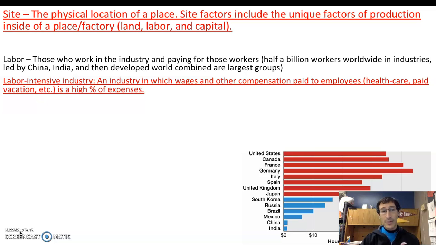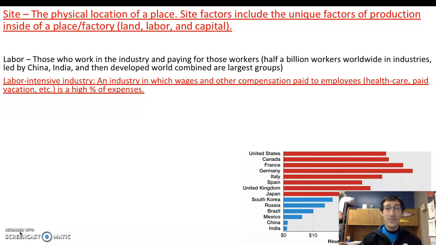The idea of labor intensive, because we're still here with the idea of labor, is an industry in which wages and other compensation paid to employees are a very high percentage of the expenses. That means they're spending a lot of money on employee salary, health care, paid vacation, and retirement benefits. All of that fits in with an industry where we're paying a lot in terms of our workforce.